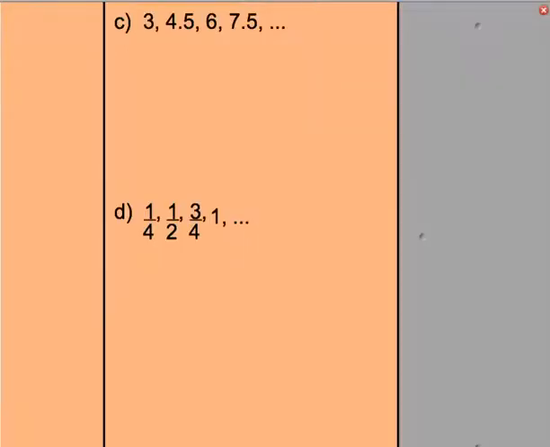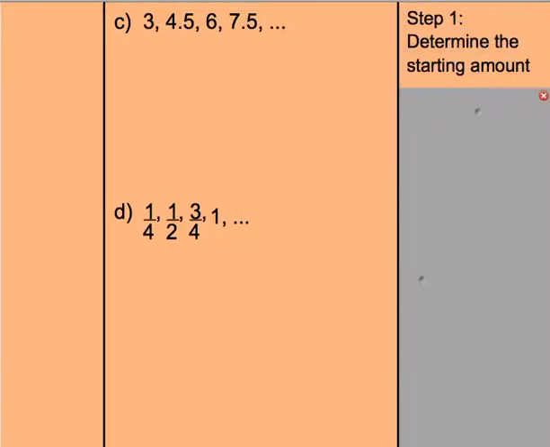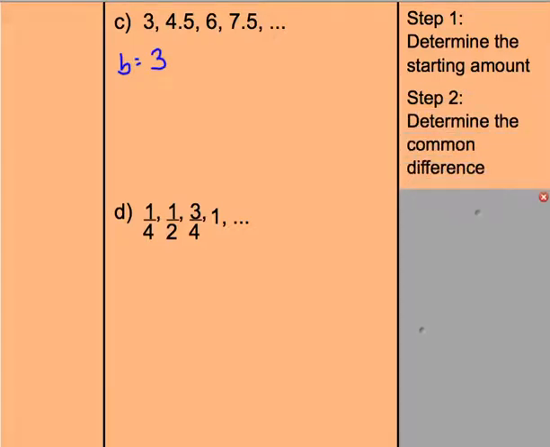A couple more examples, slightly more complicated than the ones on the first page. So let's just follow our process. Determine the starting amount. So in sequence 3, we have a starting term of 3. Same thing, figure out that amount of change, that common difference. Another way to go about it, especially as the problems get a little bit more challenging, is to subtract the first term from the second term.